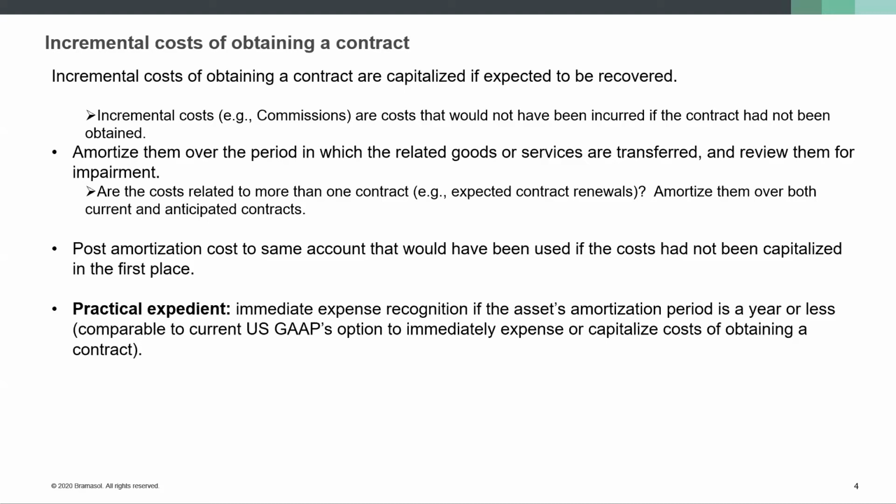You can immediately expense your cost to obtain if that amortization period is 1 year or less. So if I have a 12-month contract, that's 1 year or less, I'm allowed to, instead of taking that $1,000 in my previous example over the 12 months, I'm allowed to still expense it in month 1, as we used to do under 605.